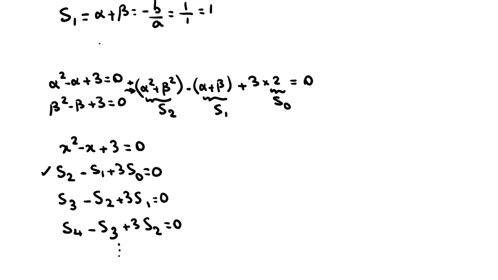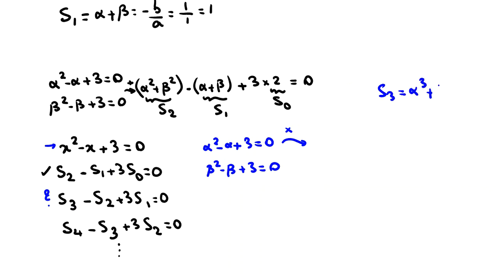So again, let me write this part in blue. I say, okay, alpha squared minus alpha plus 3 equals 0, and beta squared minus beta plus 3 is 0. Why? Because we have this function and alpha, beta are roots. Now I want to prove why this part is correct. I want to reach S3, which is alpha cubed plus beta cubed.